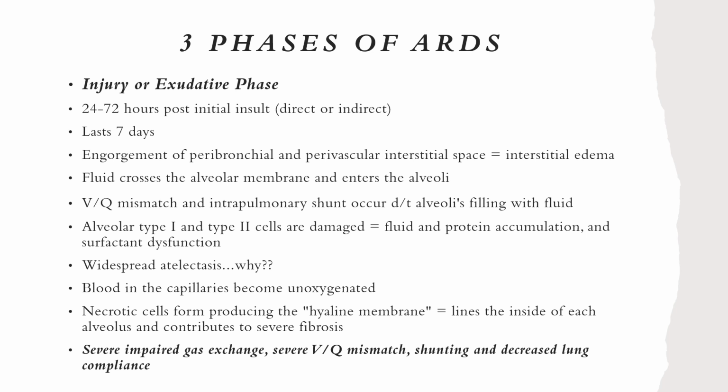So our alveolar cells are now damaged, and we're going to have that increase in fluid and protein accumulation. And unfortunately, that leads to that decreased surfactant production. That surfactant keeps our alveoli open, and it brings them structure. Without the surfactant, they're going to be collapsed. This leads to widespread atelectasis.